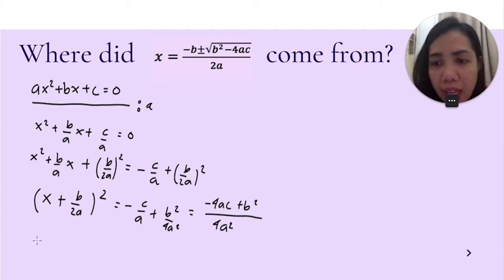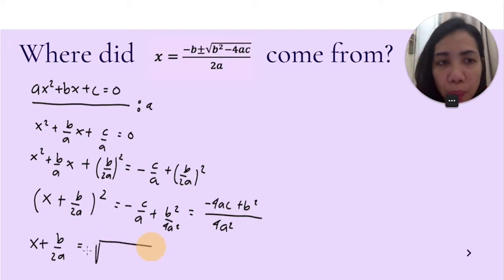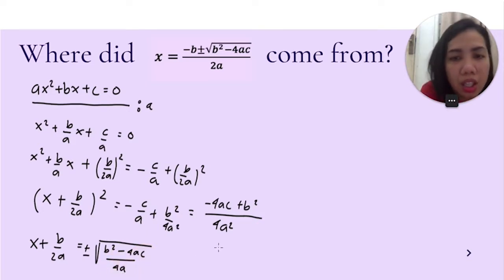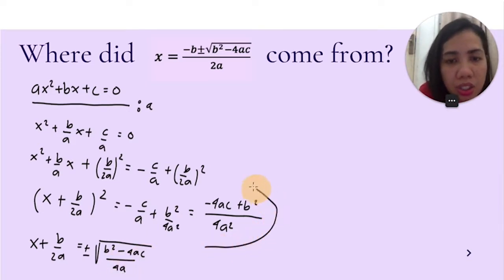Here we'll have x plus b over 2a equals the square root, and don't forget to put the plus and minus here. I'm going to arrange this to be similar to the formula, so I'll put b squared first, followed by minus 4ac, and then divide by 4a squared.